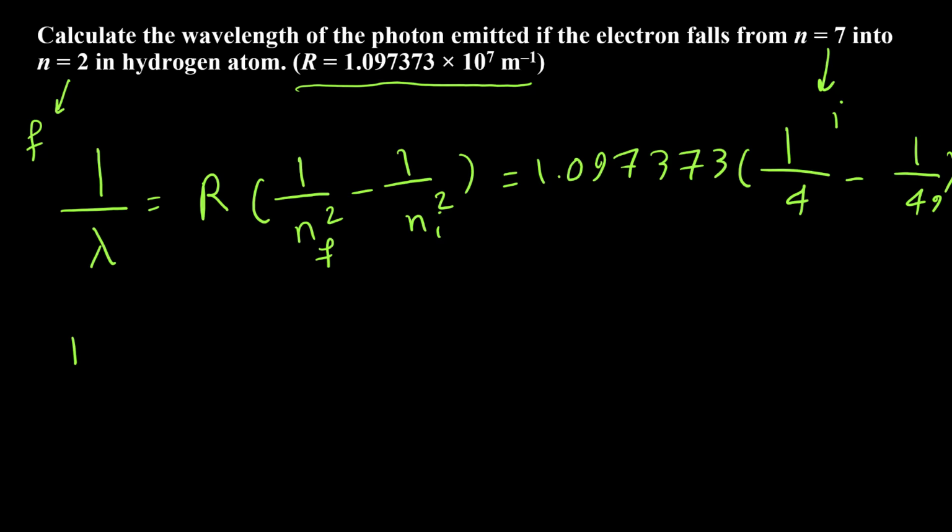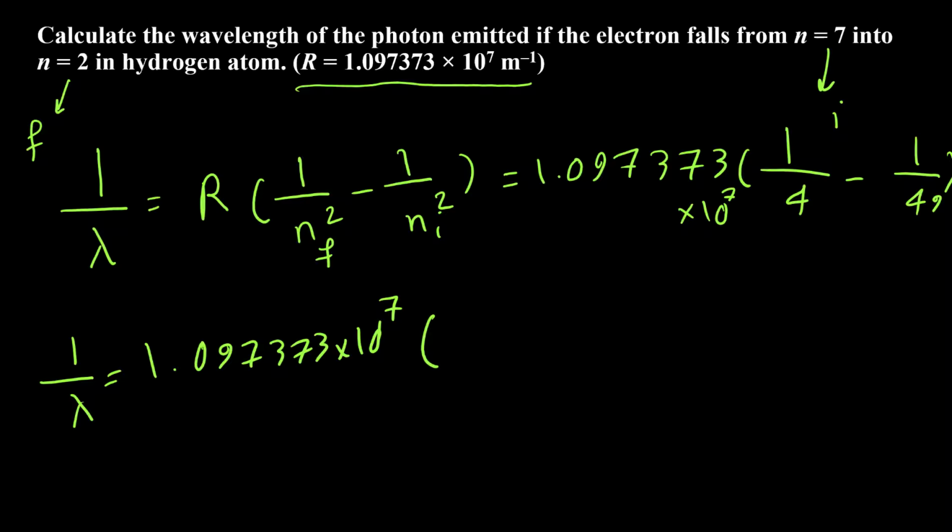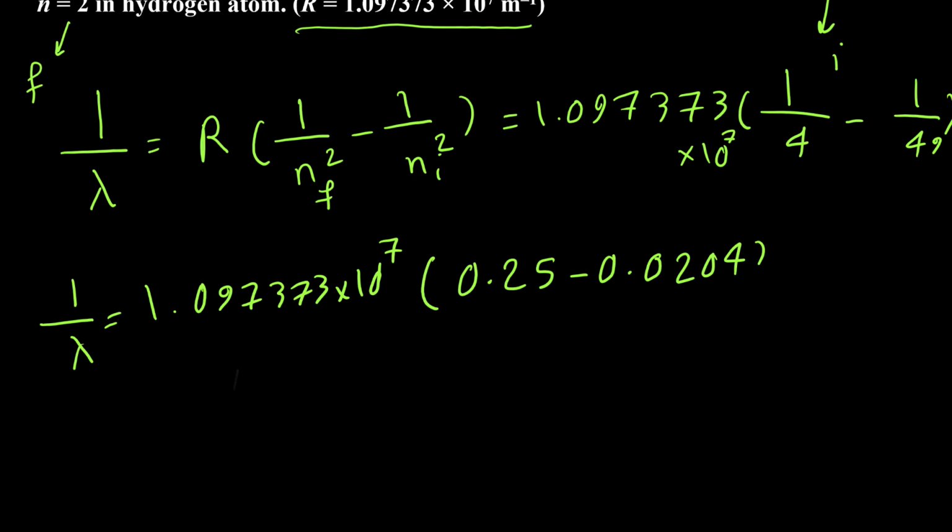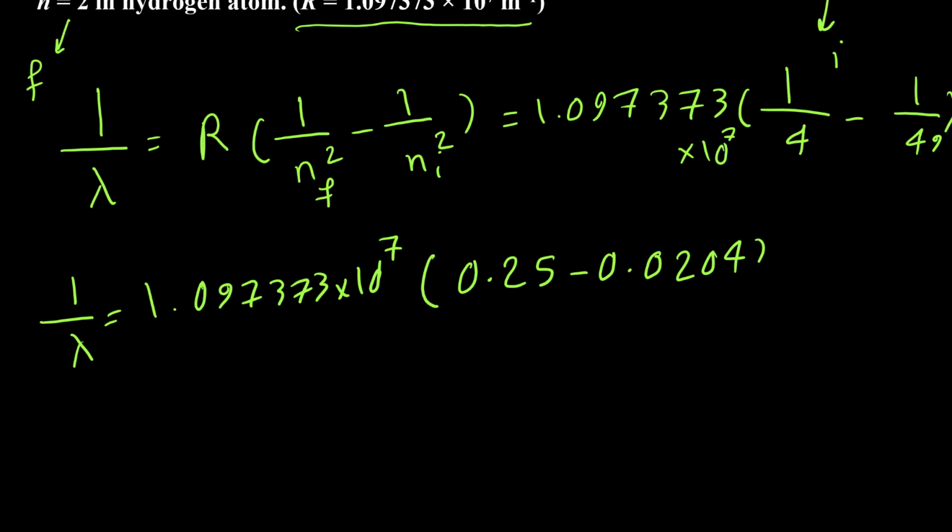Then 1 over lambda is equal to, again, 1.097373 times 10 to the 7 times 1 over 4, which is 0.25, minus 1 over 49, which is 0.0204. So the value for 1 over lambda is equal to 2.52 times 10 to the positive 6. But we need to find the wavelength, lambda.